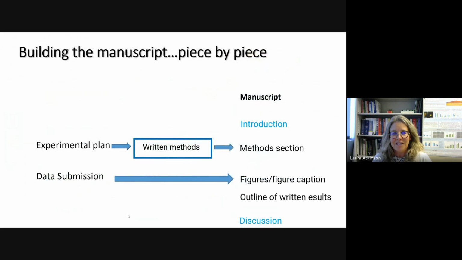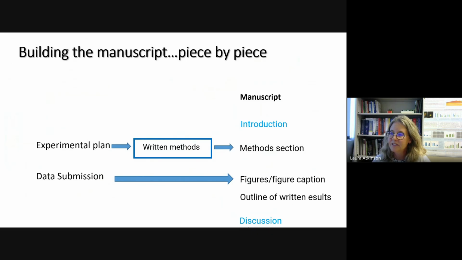I alluded to building this manuscript, and I think it has worked really well for myself as an instructor and for the students. So the experimental plan really can become the basis of the written methods, which is the method section of the manuscript. All of their data submissions will then become a figure, and the figure captions and the outline of the written results.